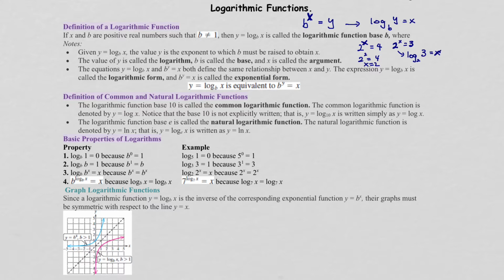So if you understand a little more about logarithms, you should be able to find this exponential solution using your logarithmic functions like this, right? So log base 2 of 3 is going to be what x is, and that x is the same x for your exponential right here, okay?